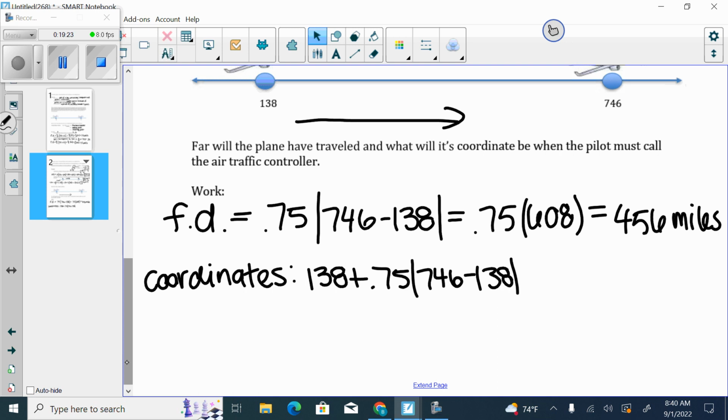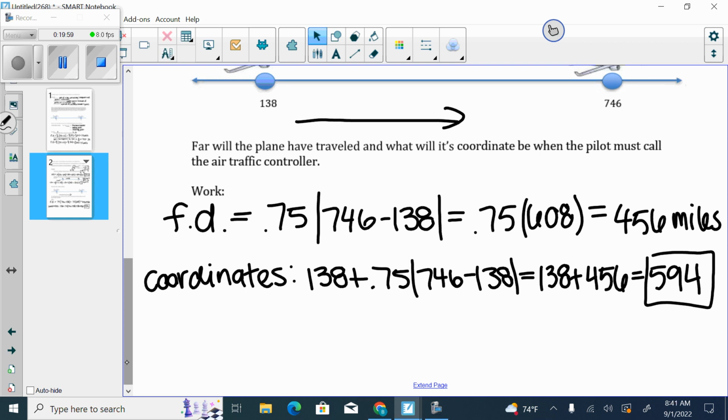Right? Well, we just did the math for all of that part, and we said that it became 456. So I'll have 138 plus 456, which is good. So if they wanted to know where you would be after you've gone 3/4 of the way, you would be at the point 594 on that number line.